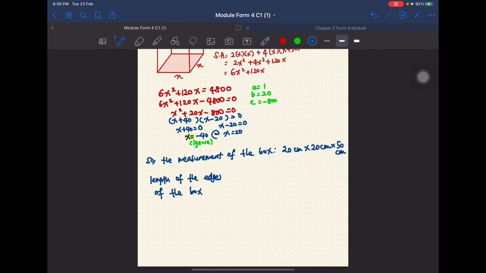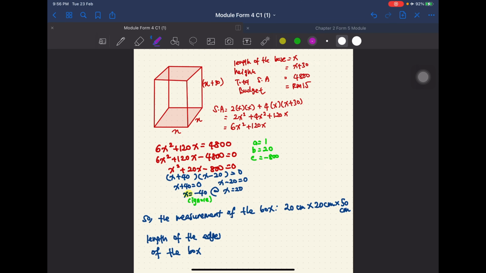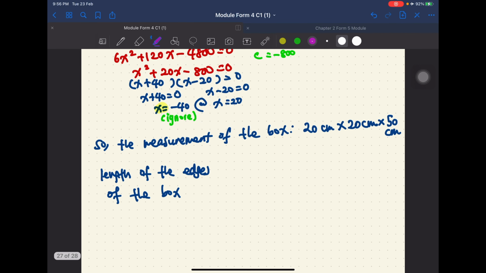Okay, tengok box dia. Okay, so saya cuba highlightkan pakai yang purple lah. Okay, so sisi yang X ni ada berapa? 1, 2, 3, 4, 5, 6, 7, 8.